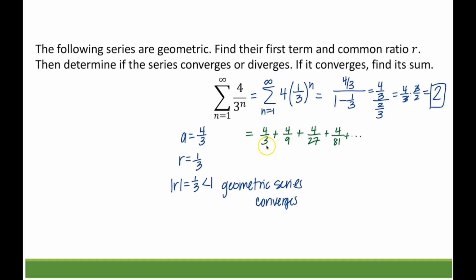So hopefully we can see, again, that we're multiplying by 1/3 each time. But another way to think about multiplication by 1/3 is division by 3. So these terms are getting small, but that's not enough, right? We don't just need the numbers to be approaching 0. We need to know that they're getting small enough fast enough. So it turns out that here, the numbers are getting small enough fast enough to end up being a finite number, even though we're adding up infinitely many terms.